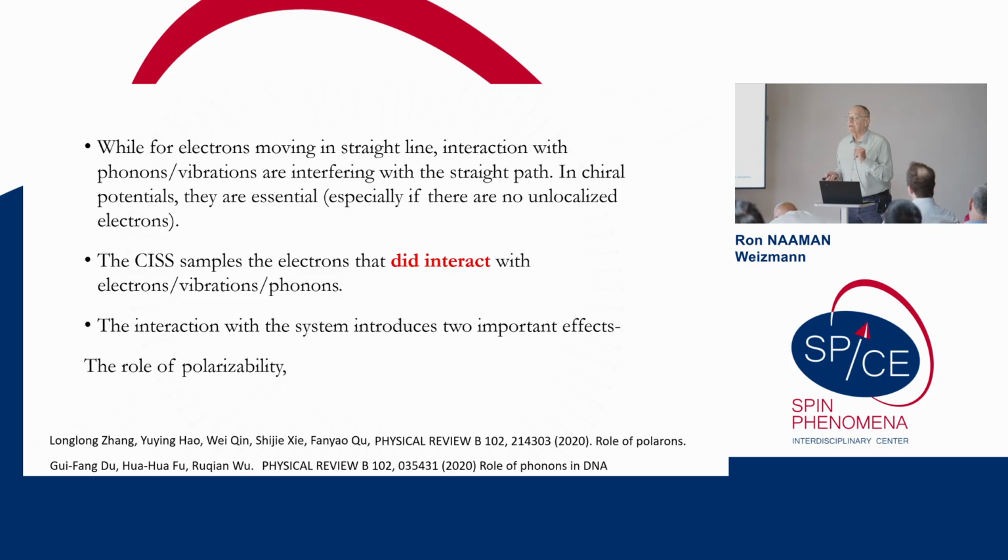One is polarizability. When an electron collides with an atom, even if the electron is coming at the Fermi level, it has an energy of about 5 to 6 electron volts. And when this electron collides straight on with an atom, it polarizes the atom.